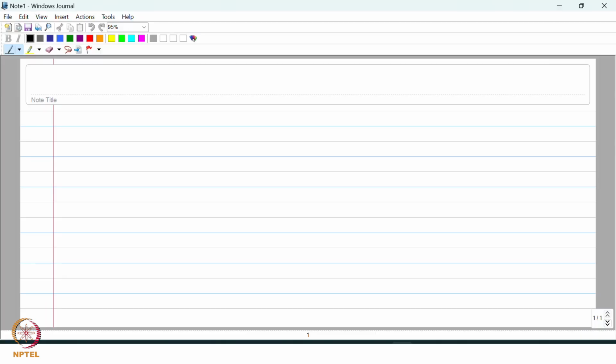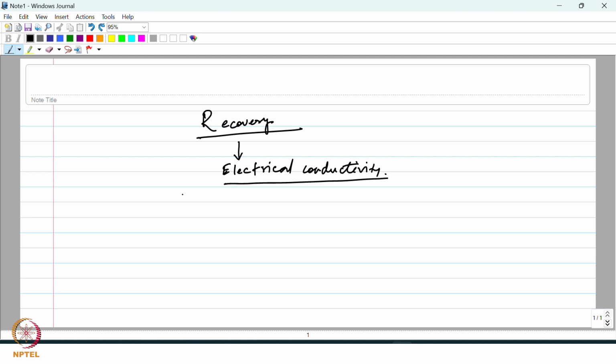So during recovery, some of the physical properties such as the electrical conductivity will recover. However, there is no significant effect on the mechanical properties.